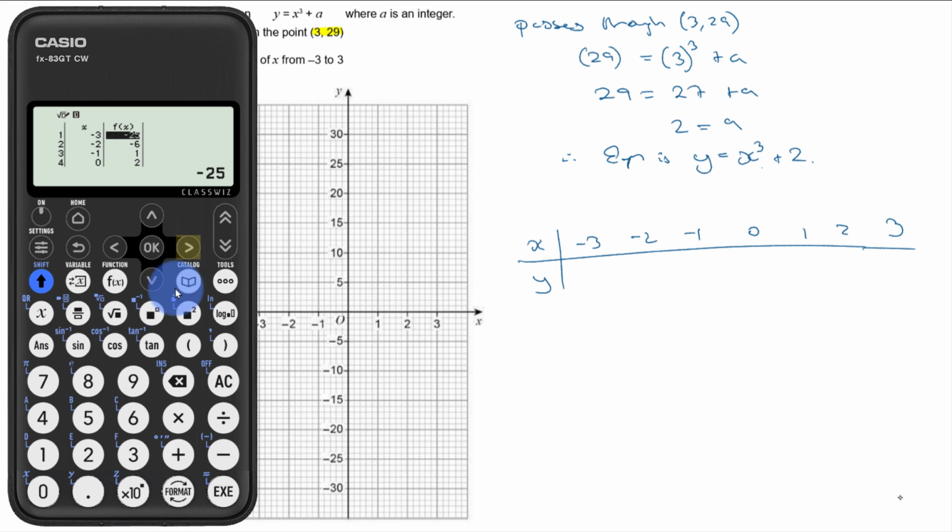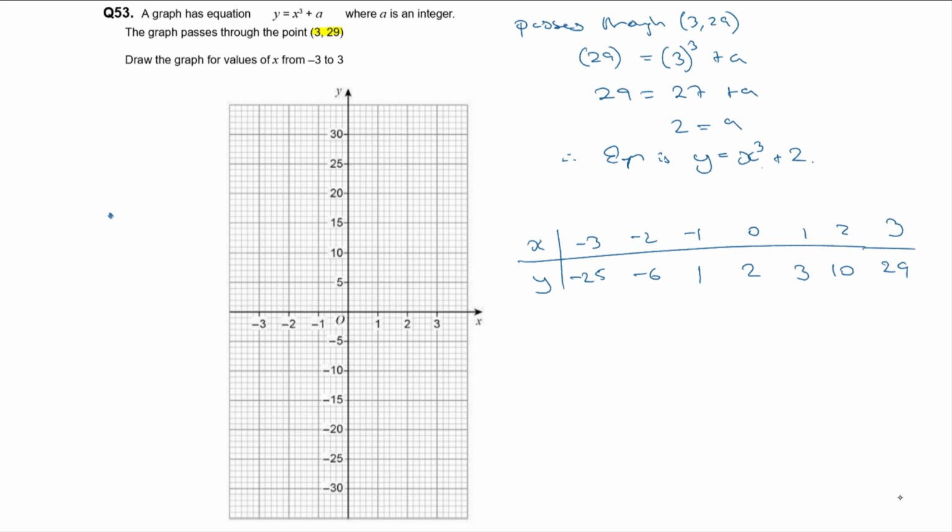So at -3 I've got the value of -25, at -2 I've got -6, at -1 I've got 1, at 0 I've got 2, at 1 I've got 3, at 2 I've got 10, and at 3 I've got 29. Okay, so they're all my values that I need to plot.